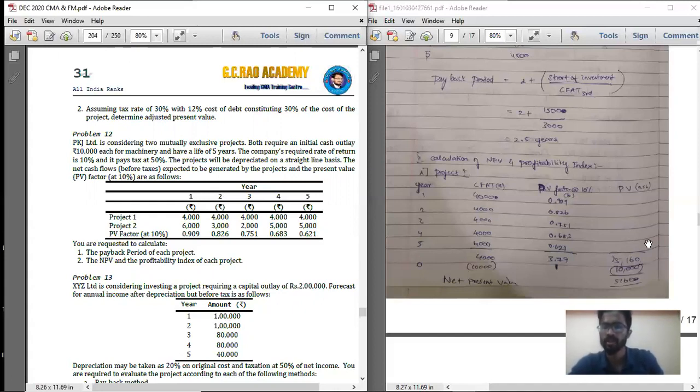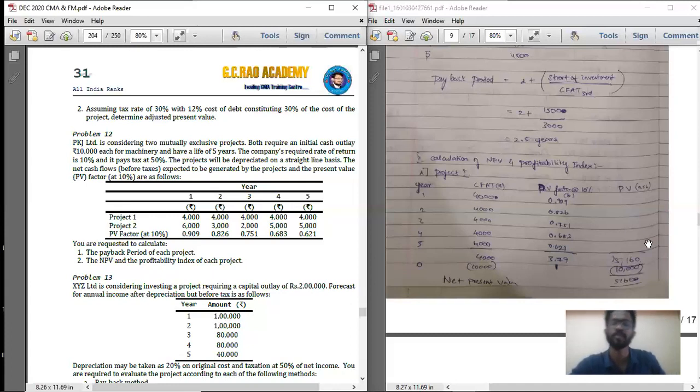Third year, 4,000 into 0.751, record 3,004. Fourth year, 4,000 into 0.683, you are getting 2,732. And last year, 4,000 into 0.621, you are getting 2,484.